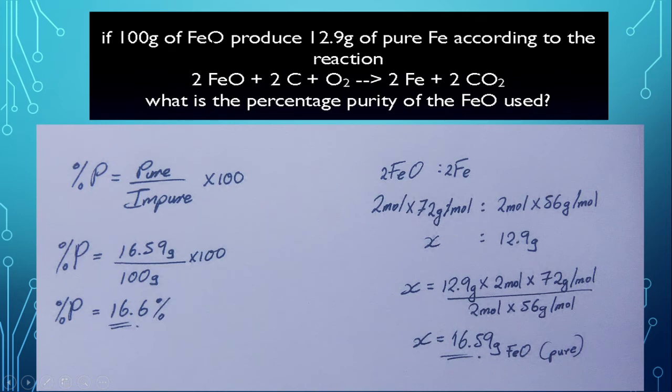So in this 100 grams of iron(II) oxide, there was only 16.59 grams of pure iron(II) oxide, and that is the reason why we got 12.9 grams of iron. If it was more than this, under ideal conditions, it would actually be more than 12.9 grams.